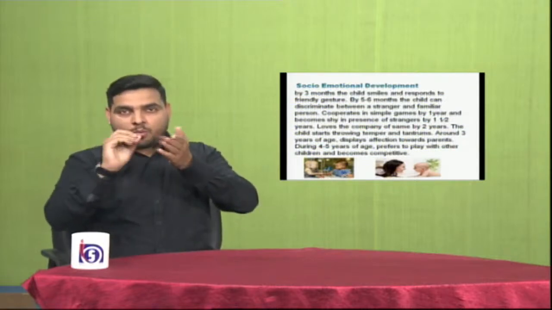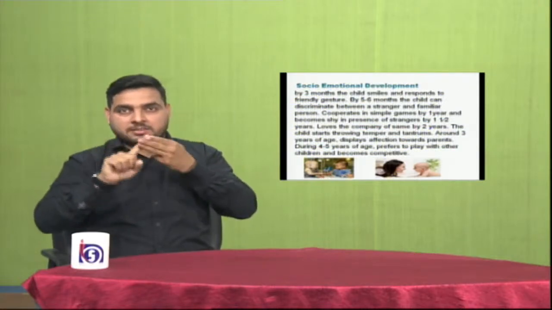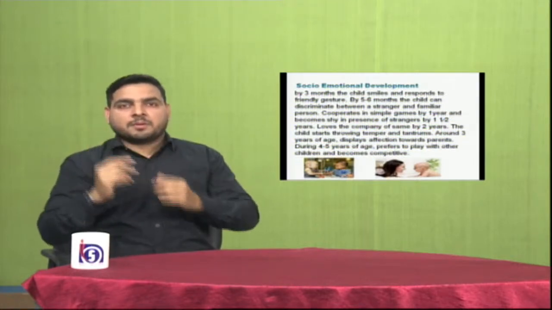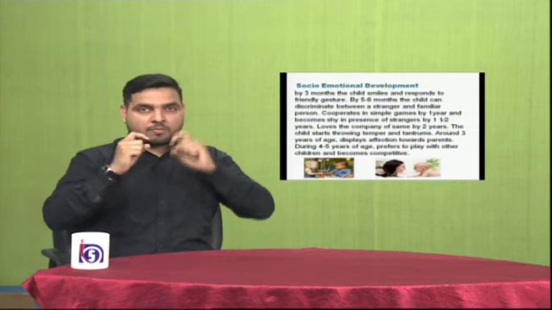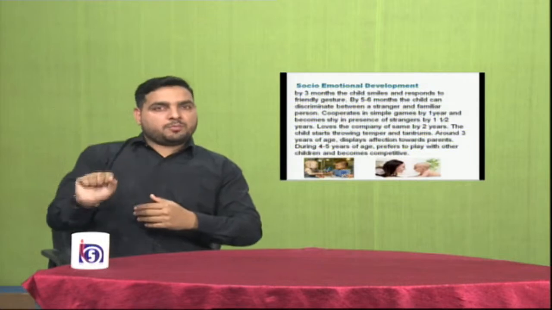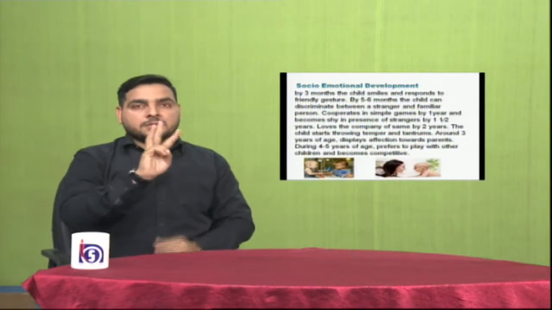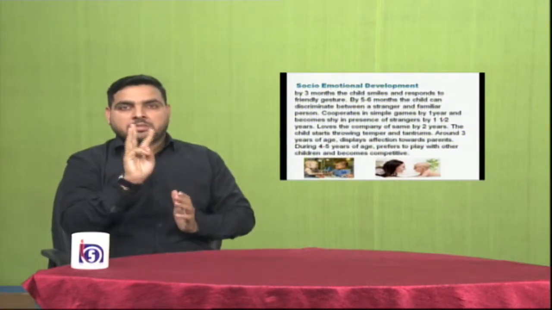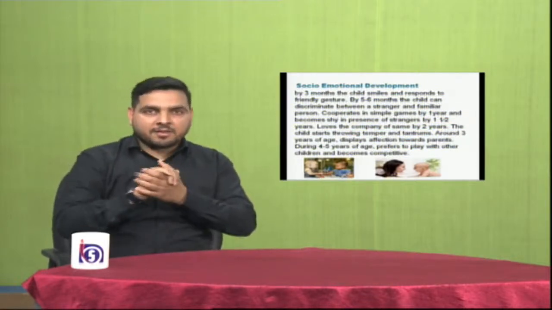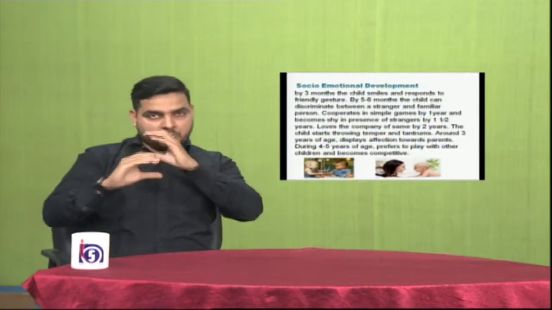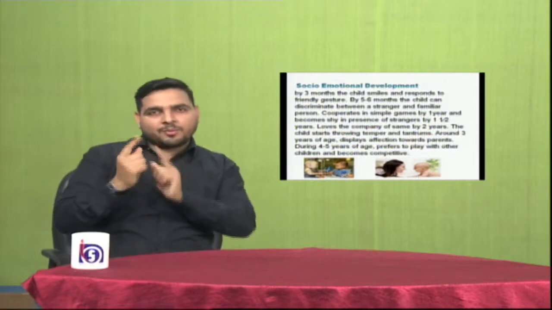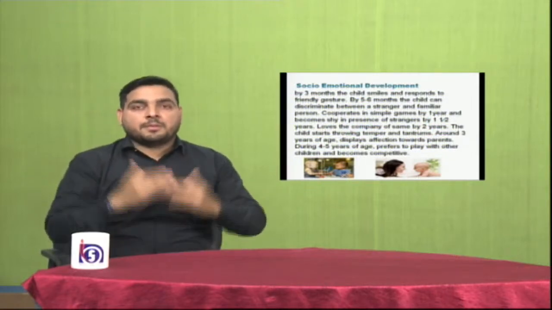Socio-emotional development. What does it mean? Means different kinds of emotions. How does it develop in a kid? By 3 months, the child smiles and responds to friendly gestures by friendly expressions.